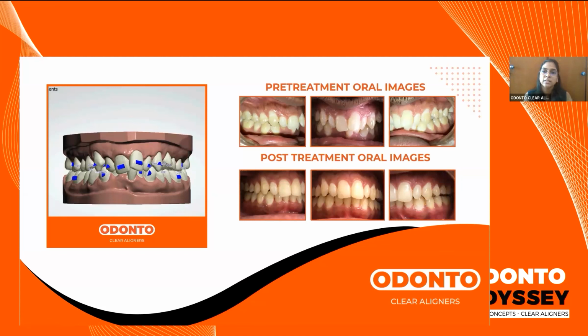So that is the Bolton's discrepancy, in which there is a mismatch between the tooth size and the space available in the arch, and we need to balance it out. In a case of spacing, what can happen is that we might close all your lower spaces and we might require buildup of the laterals at the end of treatment.